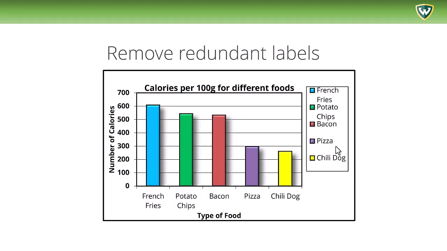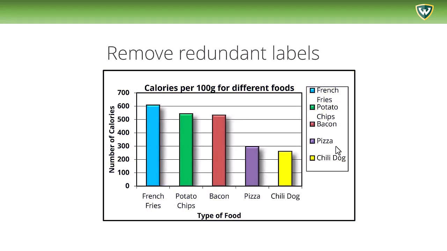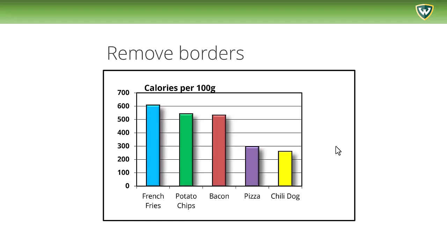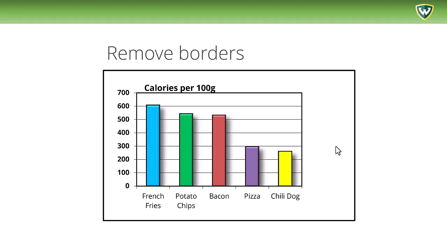So we can, first of all, remove redundant labels. Well, actually, I'm sorry, this should say probably remove the background. The brown background doesn't mean much. Now here we remove the labels and some of the borders. So we remove the border and actually remove the whole legend, because the legend doesn't really seem necessary here. You're kind of repeating because you already have the labels on the bottom.